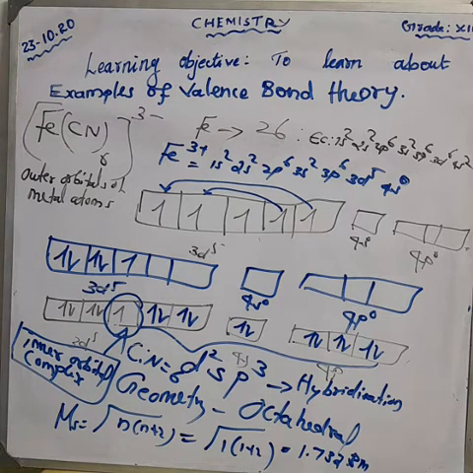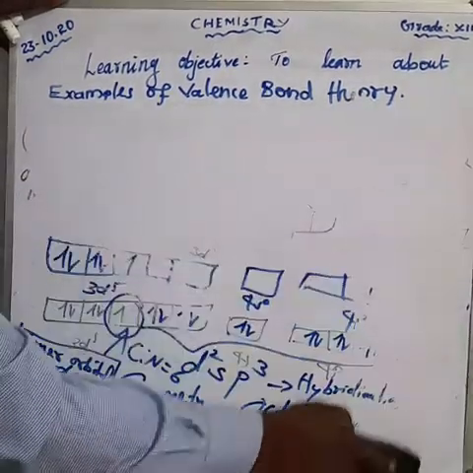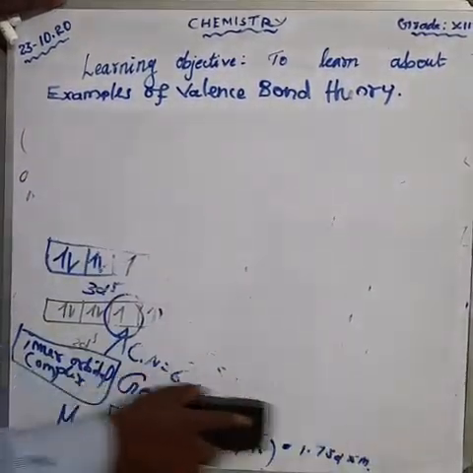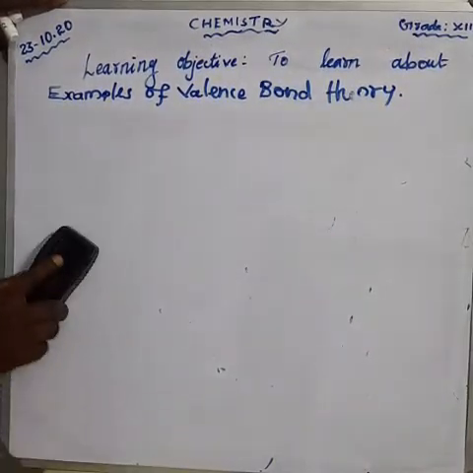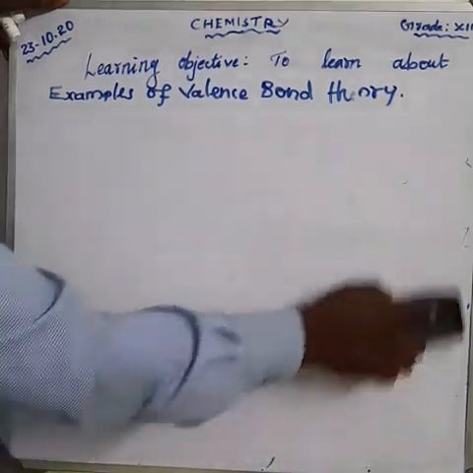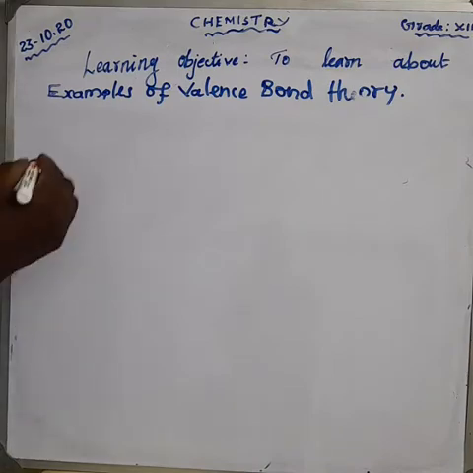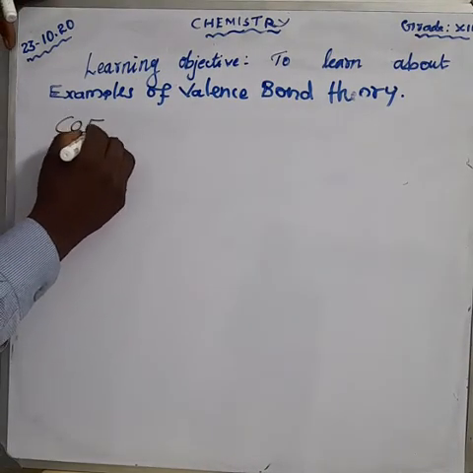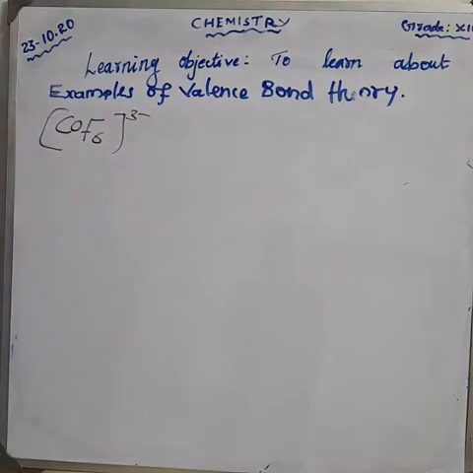CoF6 3 minus. This is another complex. Here, the central metal atom and its electronic configuration.